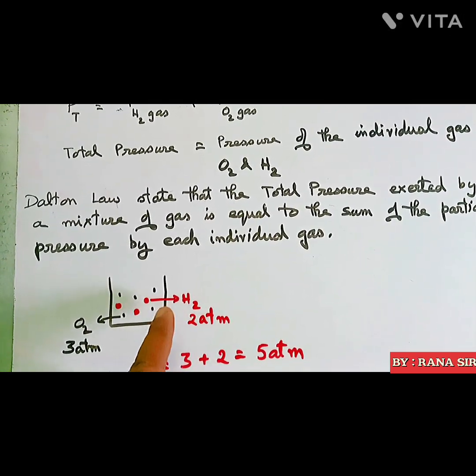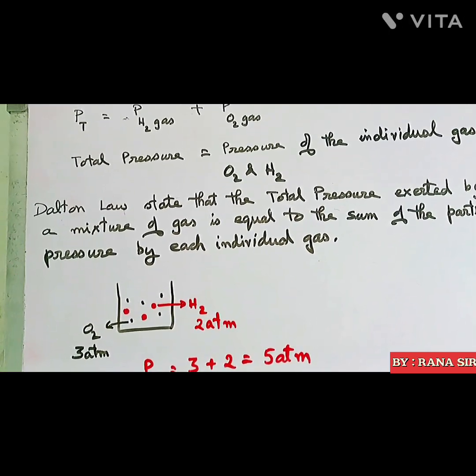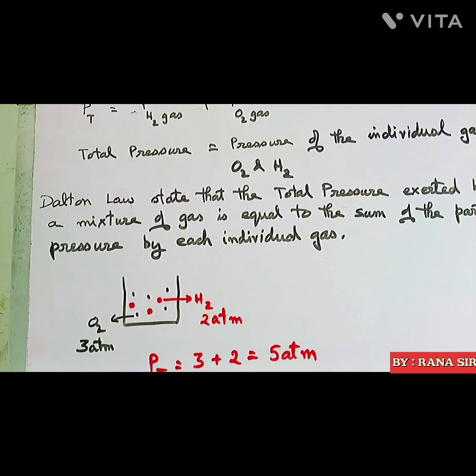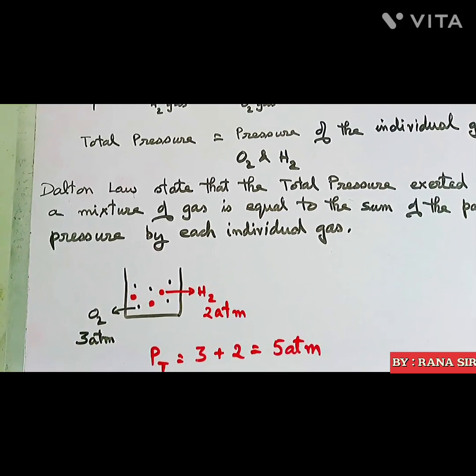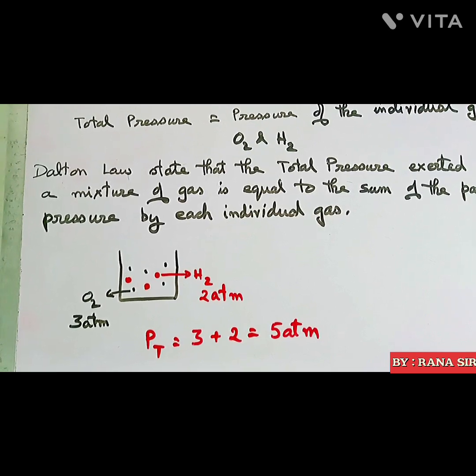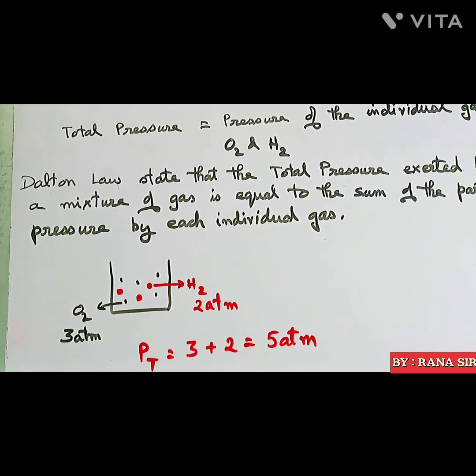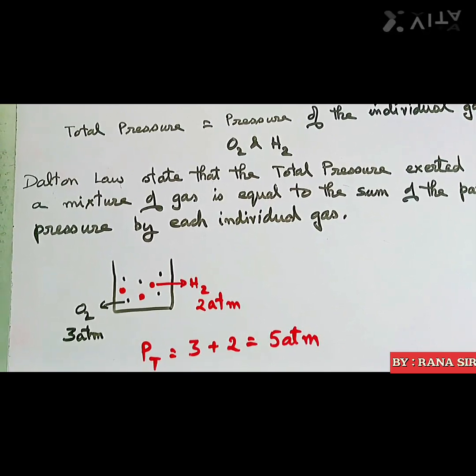For example, H2, hydrogen, is giving a partial pressure of 2 atmospheres on the walls of the container. Oxygen is giving a partial pressure of 3 atmospheres. So total pressure equals 3 plus 2, that is 5 atmospheres. So that is the Dalton's law statement.